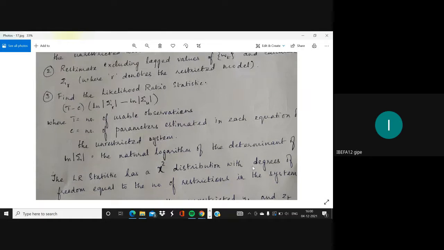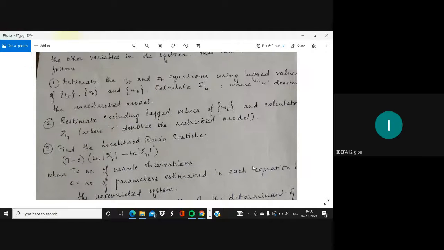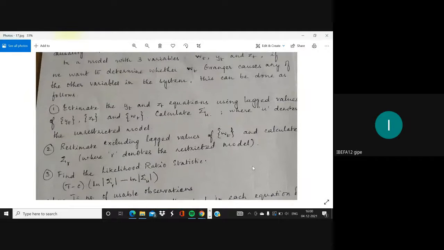Can anyone tell me how many restrictions there are in this system? Two, ma'am. Two restrictions for three variables. Why are you saying two restrictions?